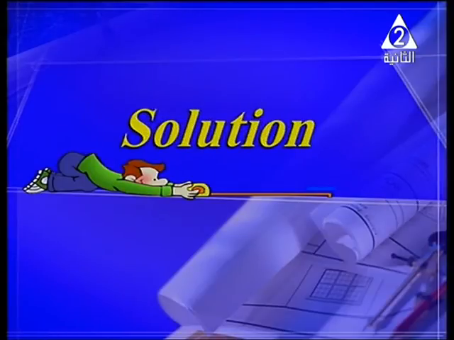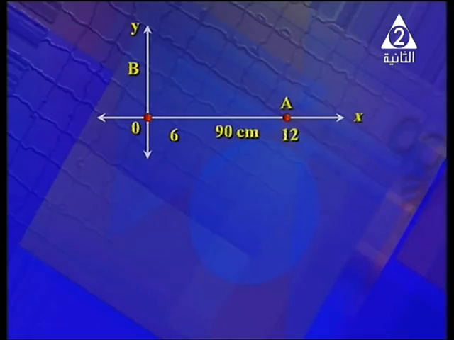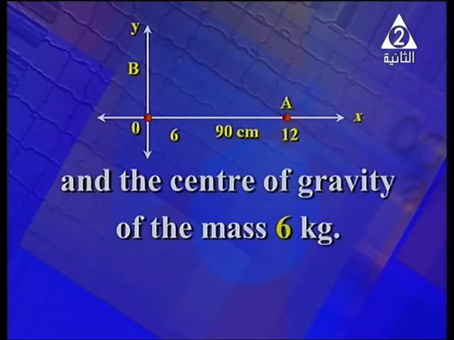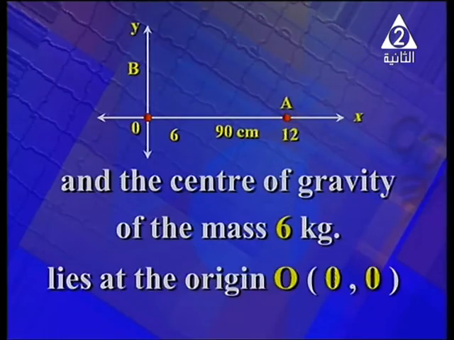Look at the student solution. The distance between the two bodies is 90 centimeters. The line joining the centers of gravity of the two bodies lies on the x-axis, as the center of gravity of the 6 kilogram mass lies at the origin point (0, 0).